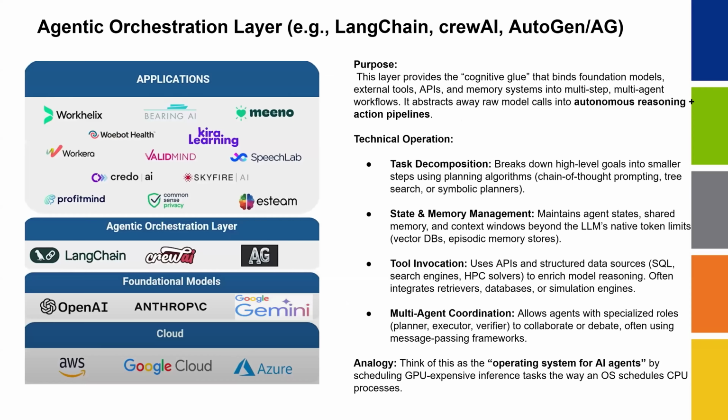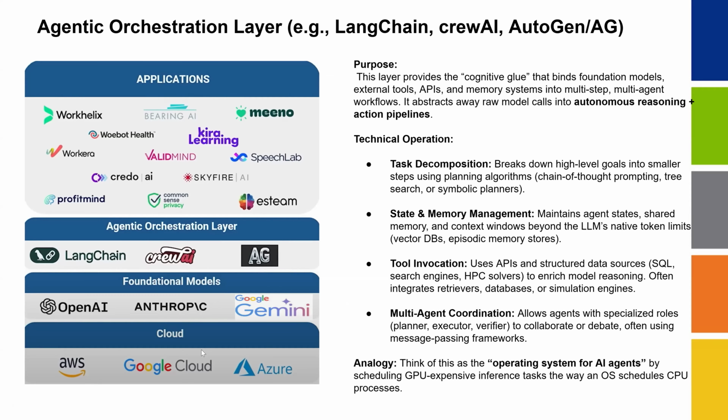Here is an agentic orchestration layer. This is a very interesting way of putting together how the entire system is stacked. Essentially, beneath cloud, we have all the chips, and they feed the hyperscalers like AWS, Google Cloud, Azure.